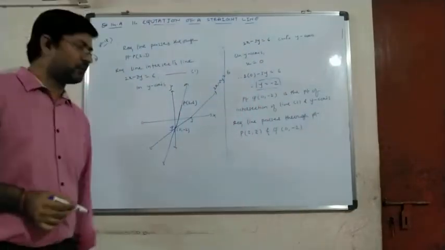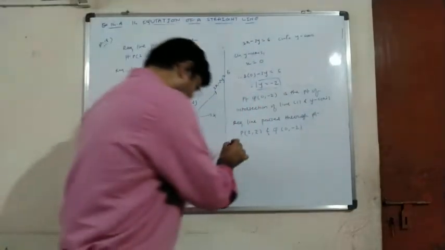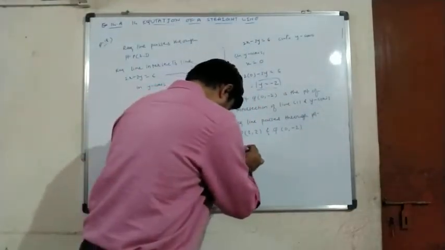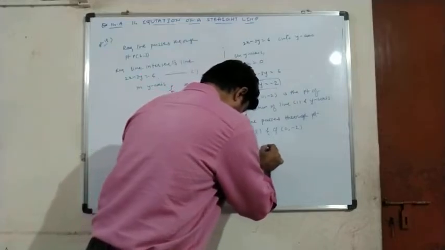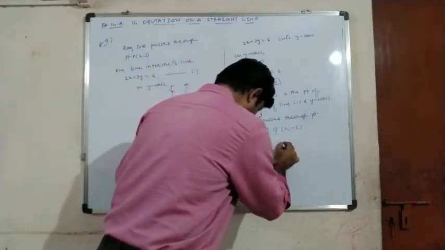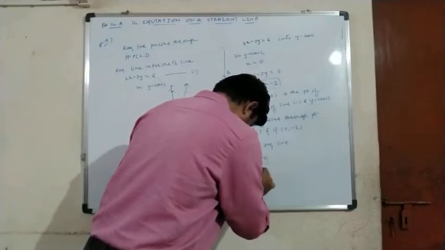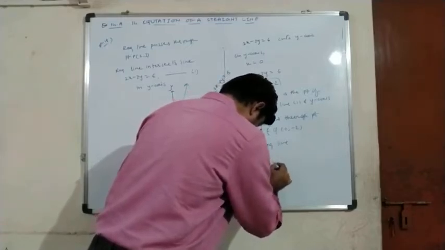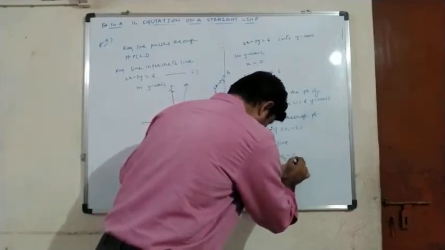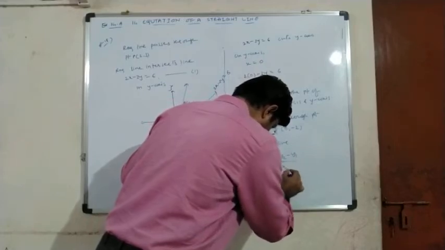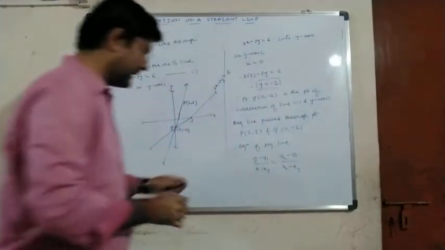And therefore we can use the 2-point formula, and therefore the equation of the required line will be given by y minus y1 upon x minus x1 is equal to y2 minus y1 upon x2 minus x1.